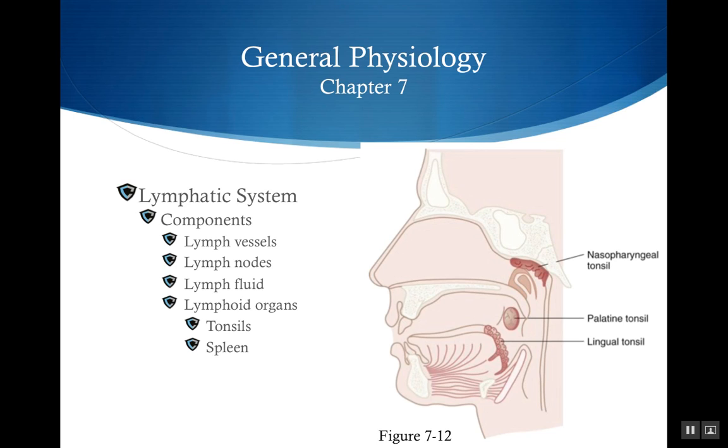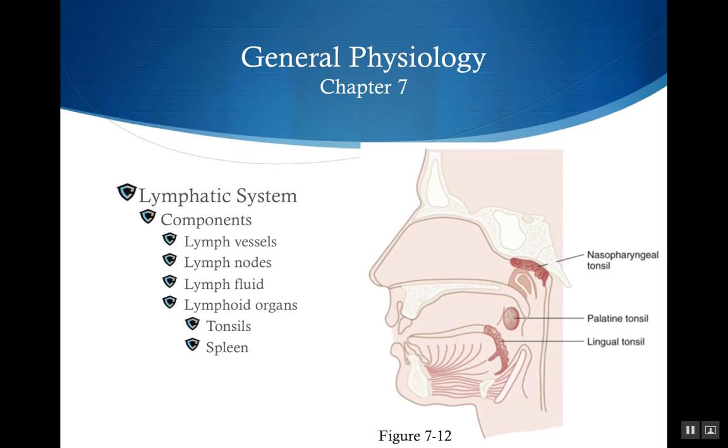The nasopharyngeal tonsils, on the other hand, are also called adenoids and are located in the nasopharynx. So typically when somebody has a tonsillectomy, they remove the palatine tonsils and the nasopharyngeal tonsils, or the tonsils and the adenoids, as they're often referred to.